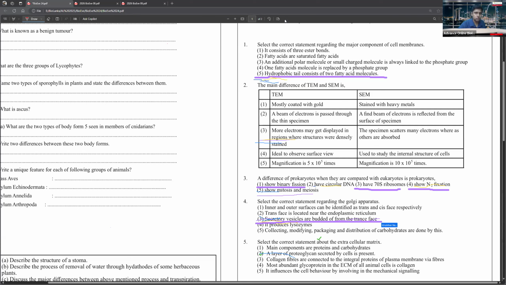Right. First question. Select the correct statement regarding the major components of the cell membrane. Consists of 3 ester bonds.